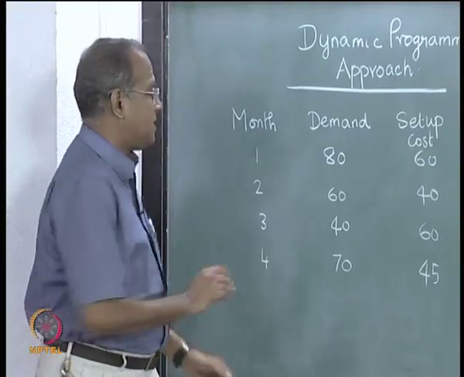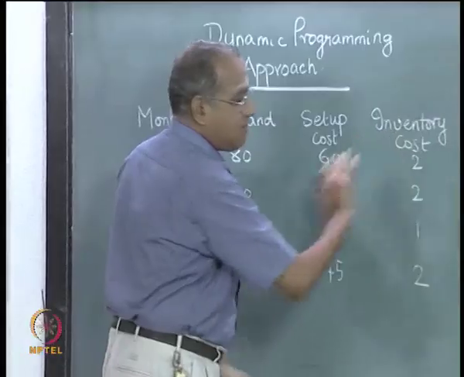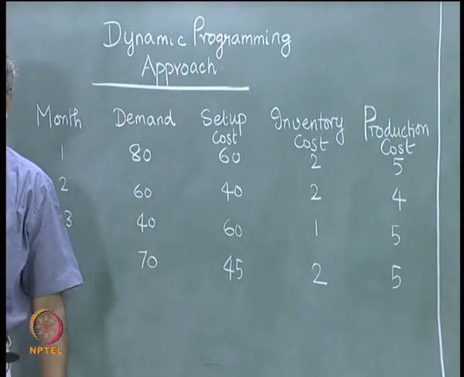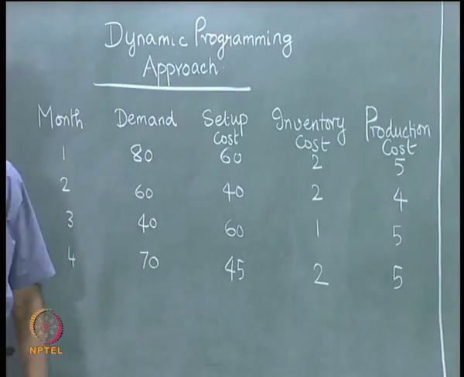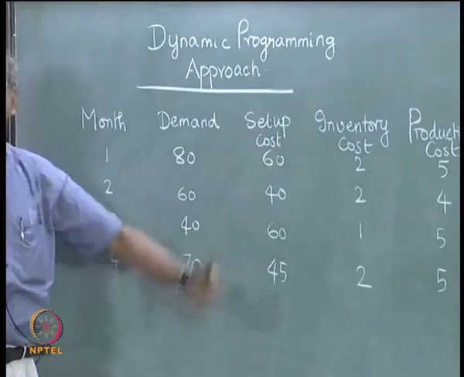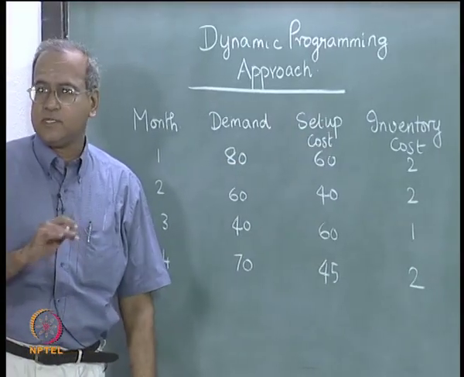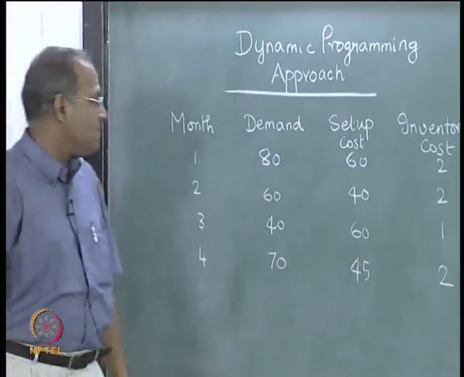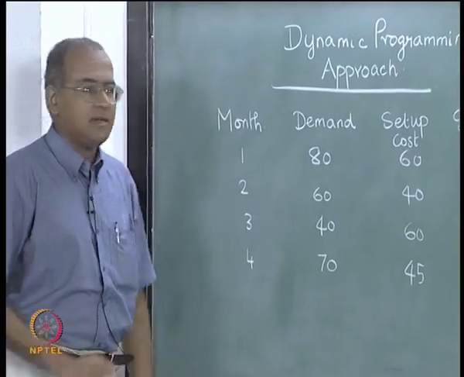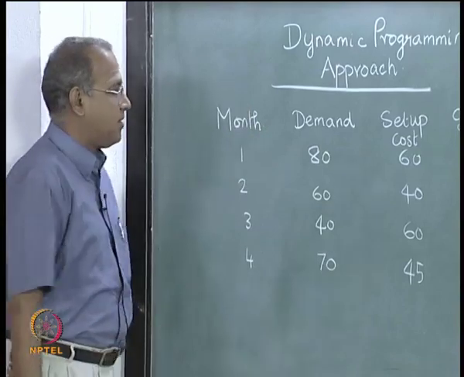Also note that this problem does not have an initial inventory, there is no product available, and there is no desired ending inventory. So we do not wish to have any ending inventory at the end of this period. There is no beginning inventory as well as no ending inventory in this particular example.